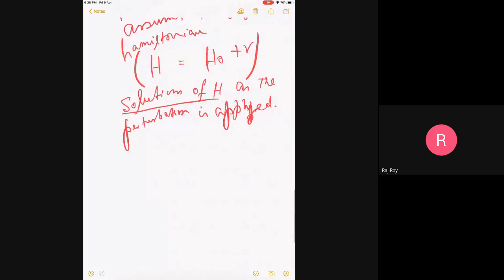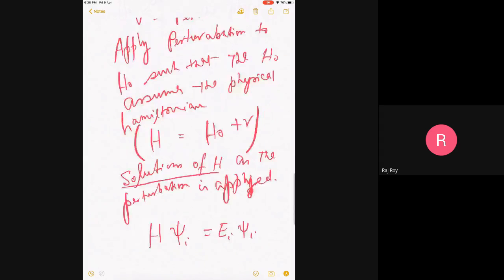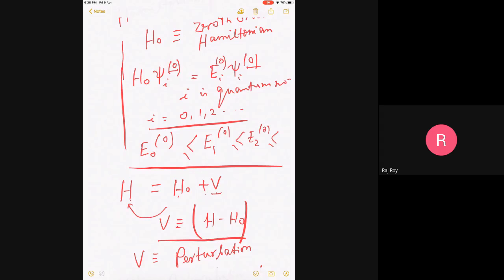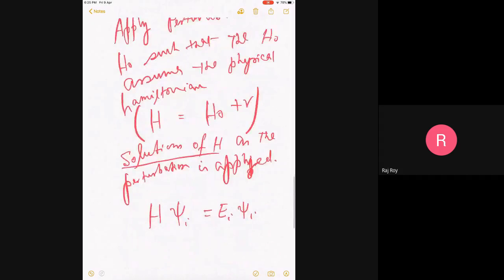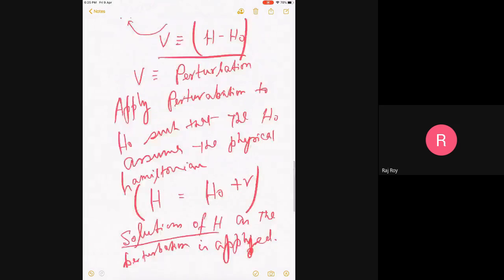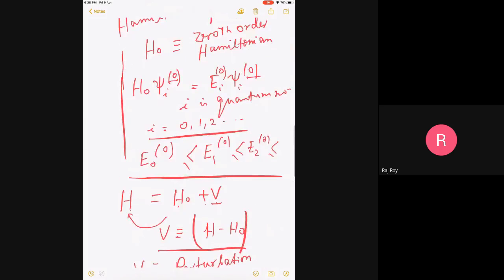So basically now let me write down the solutions of H, just the symbol. Let me write this as psi I, E I. I hope it is very clear because I am actually using similar nomenclature without the 0 in the superscript. So again, I have I equal to 0, 1, 2, etc. Now please remember that this is not known. This is completely known.